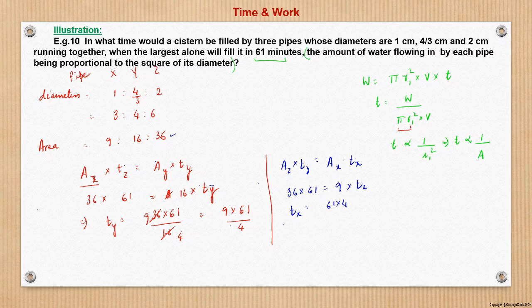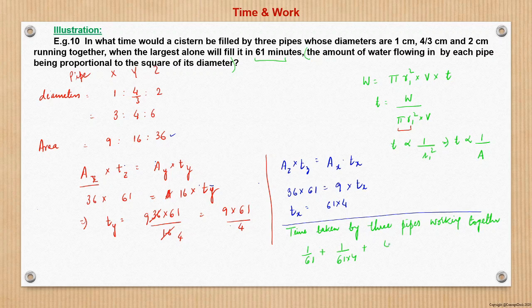So time taken by three pipes working together is what? 1 by 61 plus 1 by 61 into 4 plus 4 by 9 into 61.